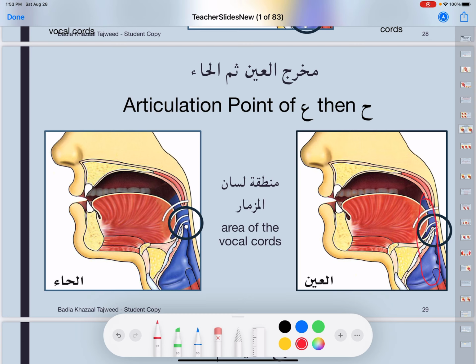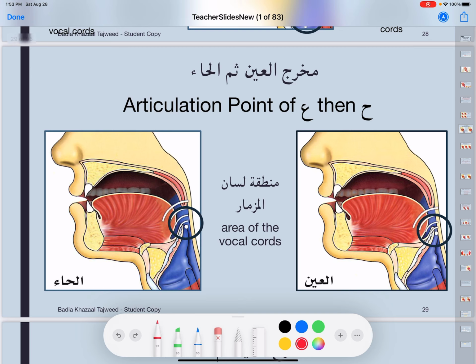We said the throat, al-halq, divides into three sections: the bottom of the throat, aqsa al-halq; the middle of the throat, wast al-halq; and the top of the throat, adna al-halq. We talked about the hamza and the ha in the previous video. Today we're going to discuss the makhraj of the ayn and ha, which is located in the middle of the throat.